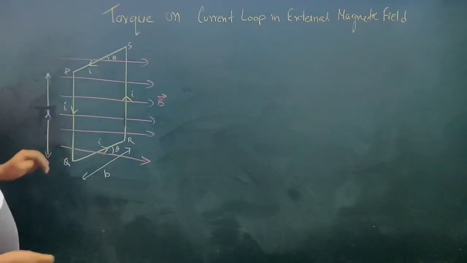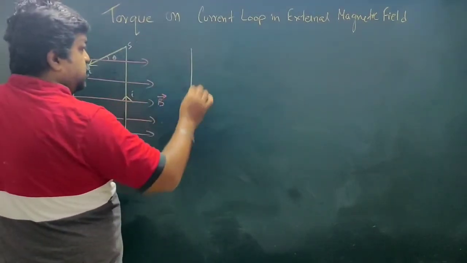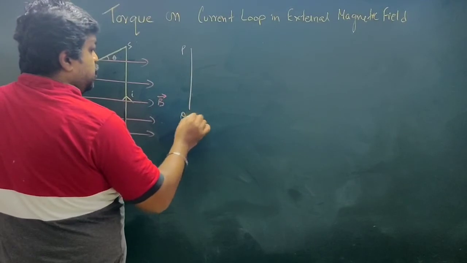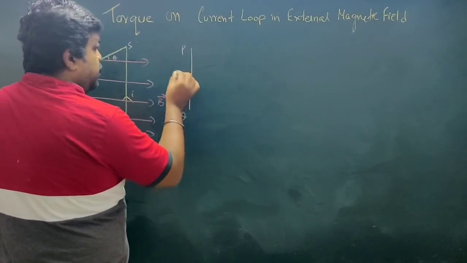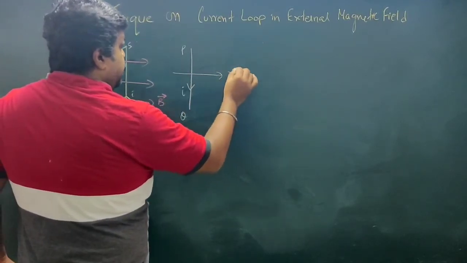Now for part PQ, this is P, this is Q, current is flowing in the downward direction. This is the direction of the magnetic field.